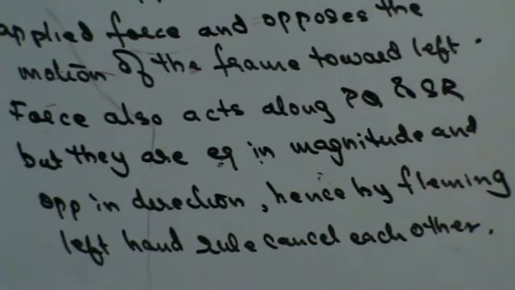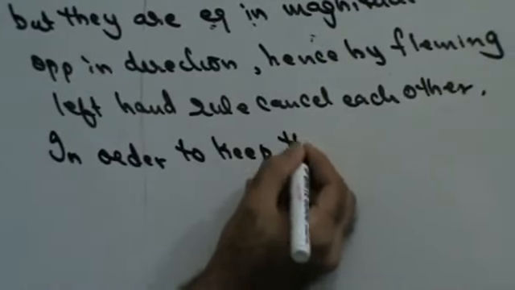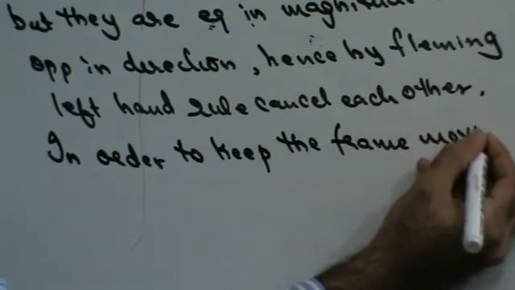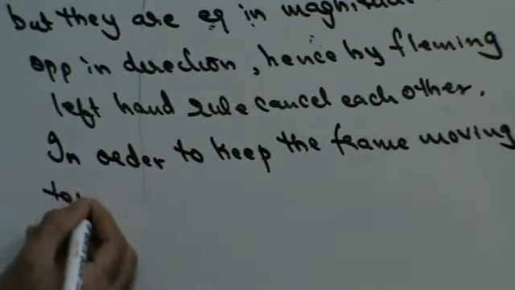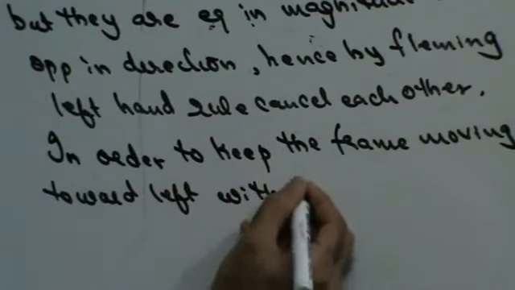Right? Now, in order to keep the frame moving towards the left with the same velocity, it is necessary to exert a mechanical force which is going to be opposite to the force that is being produced due to the current.